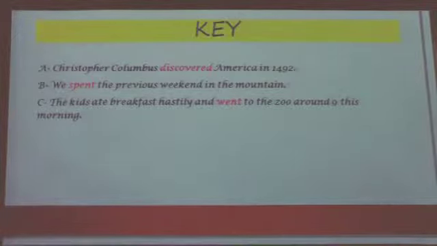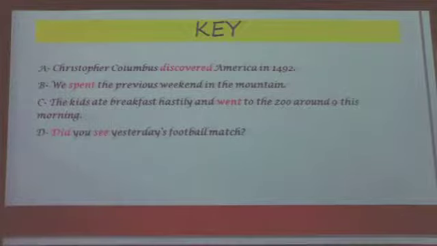Then sentence D. So in sentence D, as I told you before, the form of this sentence is interrogative. So you need to start with the auxiliary, the subject, and then you put the verb just in the infinitive form. Here you are. Did you see yesterday's football match?